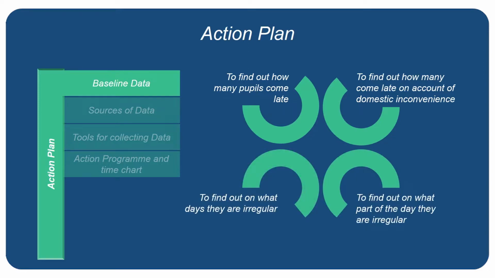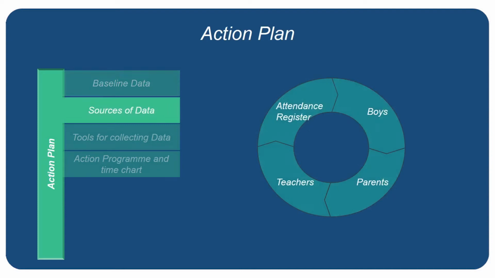That can also be important. So these come under the baseline data that we require. And when we say this is the type of data we require, then what could be the sources of data? For example, students, boys, girls, the parents, the teachers, even the attendance register of the school will tell you about the data that we are looking at.